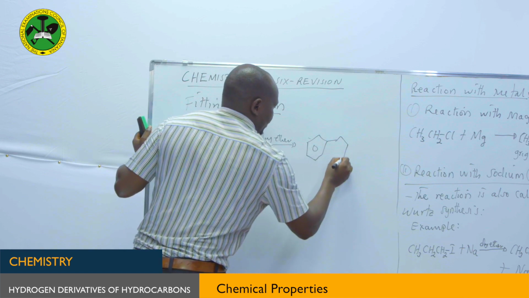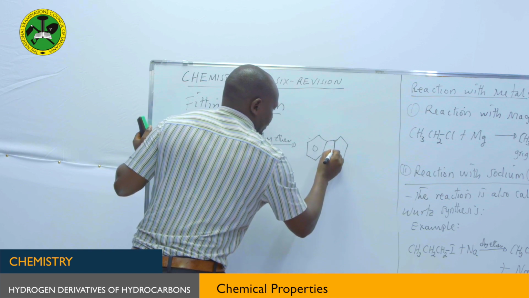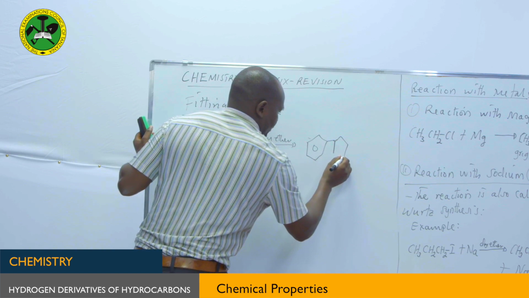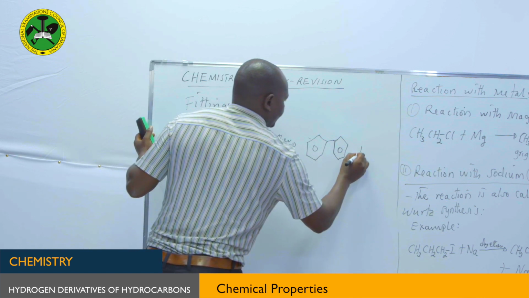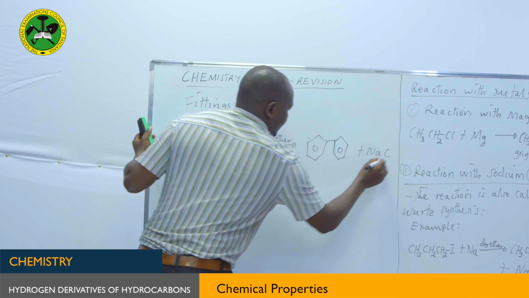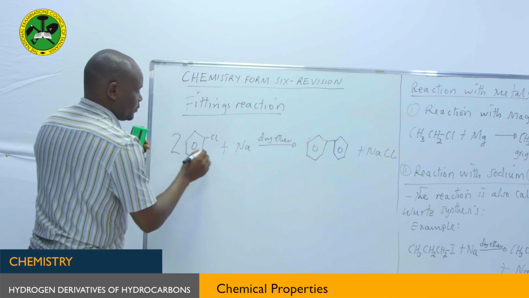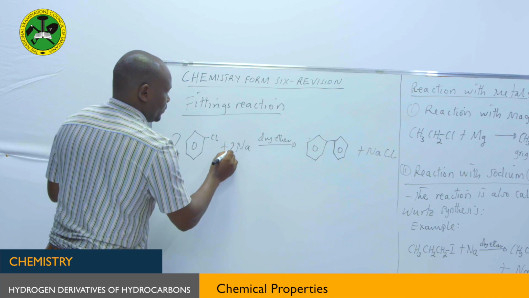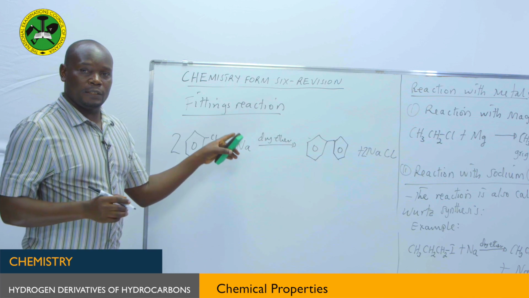That will be our product. And the other product will be sodium chloride. So now, when balancing, this will be 2, here will be 2, and there will be 2. So that is the Fittig reaction.